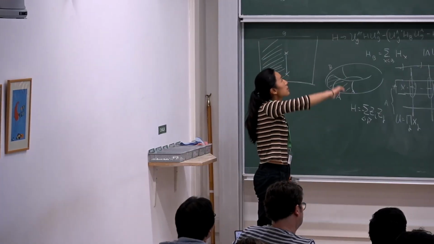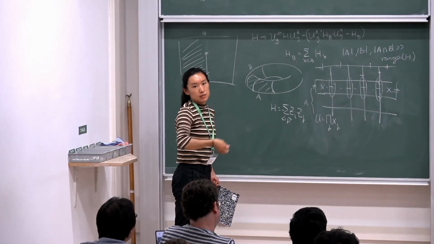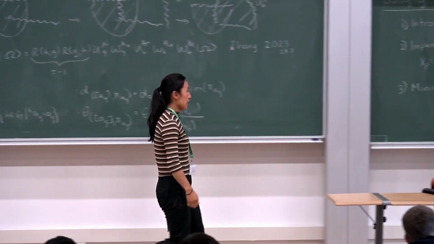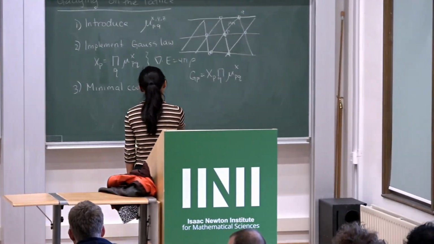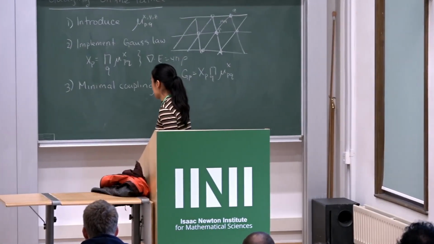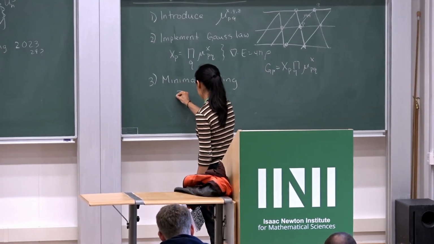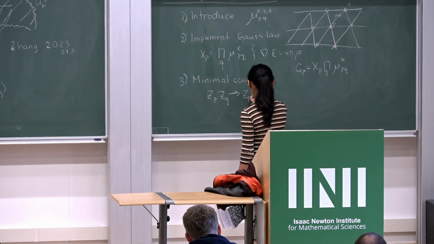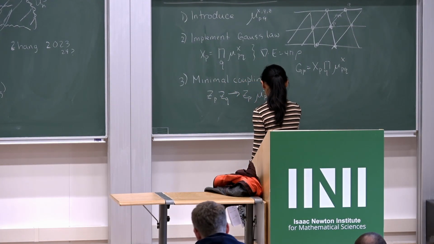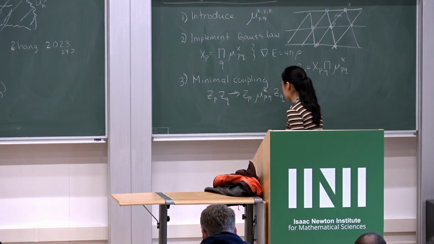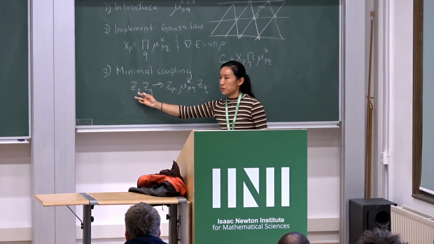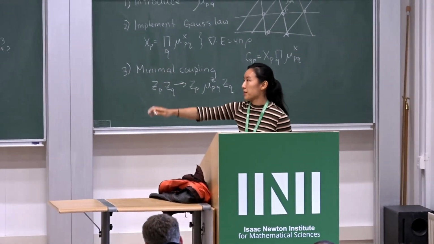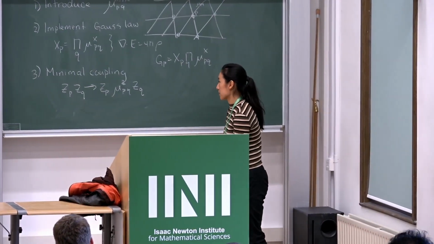In particular, you see that this BP operator doesn't commute with the Gauss law. So you need to do minimal coupling to make sure that it commutes with your Gauss law. You can implement it when you set this Gauss law equal to 1. So one way to do minimal coupling is to add the gauge field between your Ising couplings. And that will make sure all those operators in H1 and H2 will commute with your Gauss law.